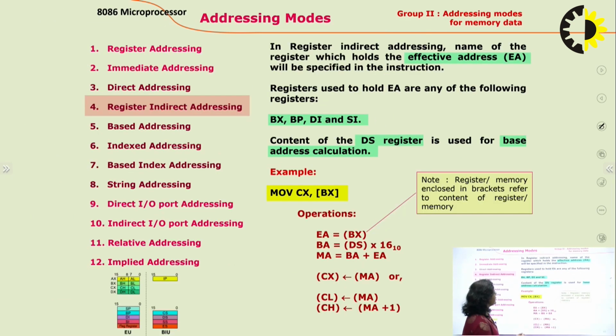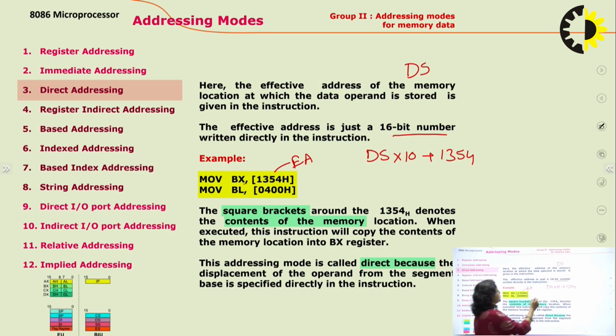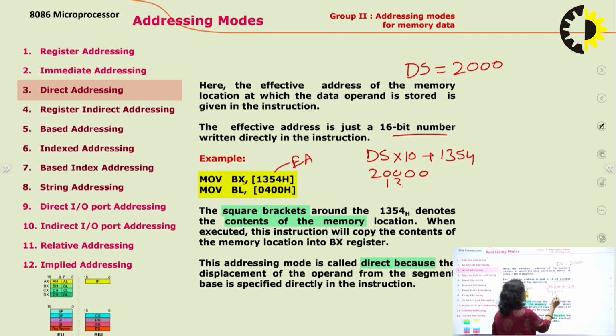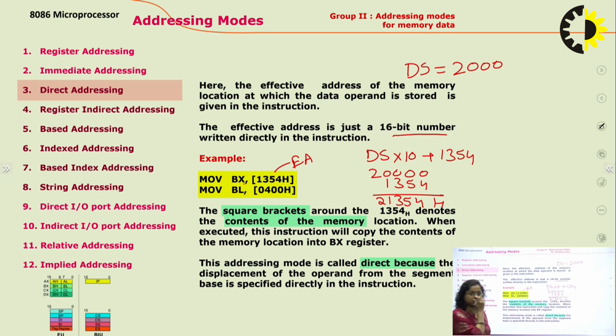Let the data segment have value 2000, then the effective address will be 2000 into 10, that is 20,000, plus 1354. So the effective address will be 21354 hexadecimal, absolute address.